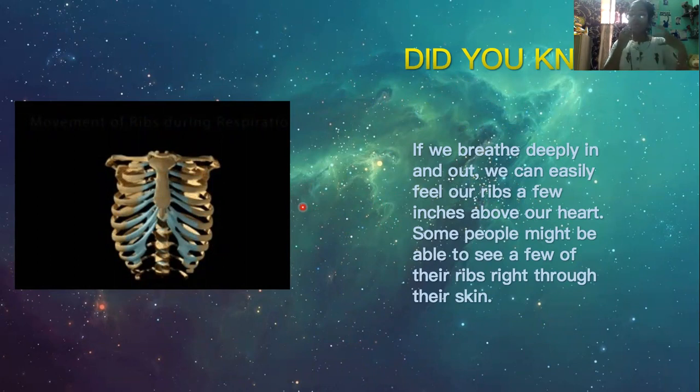So if we completely exhale, take out as much air as you can from your mouth, expel forcefully, our rib cage, these bones, they come very close to the heart. They're inches above our heart. And if you can put your hand on the side of your body, on the side of your body line, you will be able to feel your own ribs. Okay, you will feel as if they're directly above your skin.